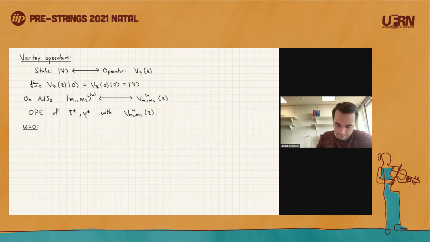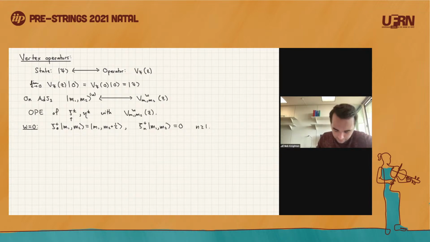Let's just stick with the psi modes because the eta modes are going to be almost identical. Recall that psi 0 plus acting on the state m1, m2 is just the same state with the value of m2 shifted up by a half. Then because this is a highest weight state, psi plus annihilates the state for all modes which are greater than or equal to 1.